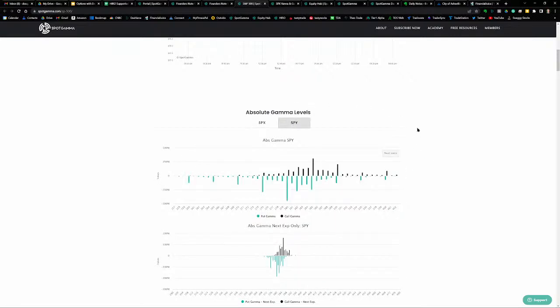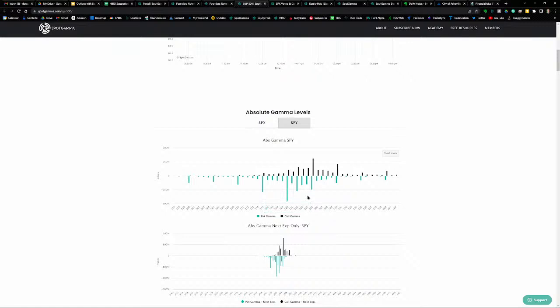And for SPY, 375 yesterday was the put wall, and now the put wall has jumped up to 380, and that is also the key gamma strike.